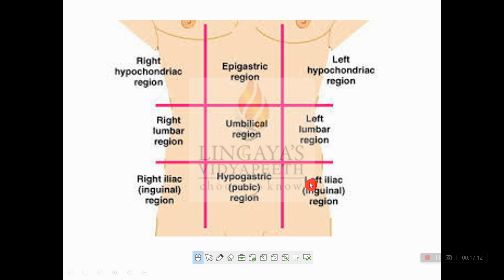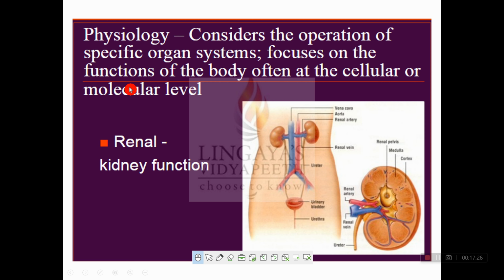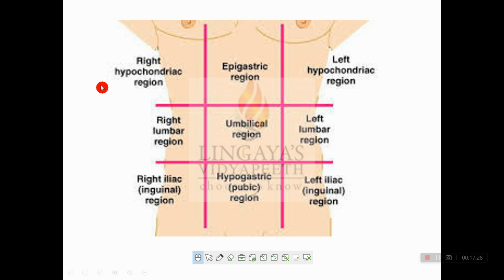Moving on. Now, your abdominal region is divided into 9 cavities, right? There are 9 divisions of the abdominal regions. So, here in this picture, you can see the names of the different regions of the abdomen.